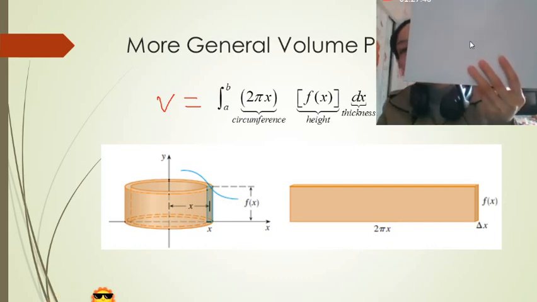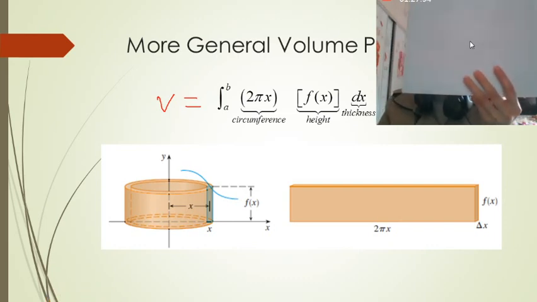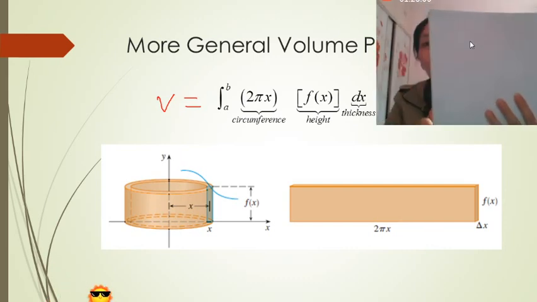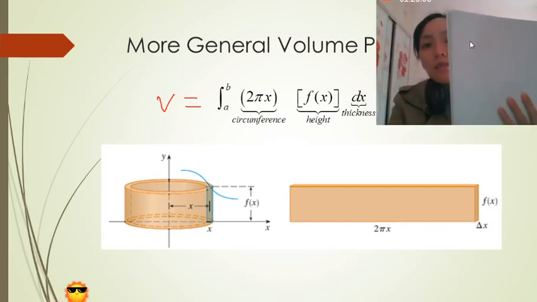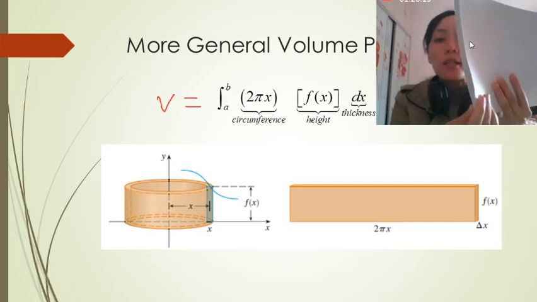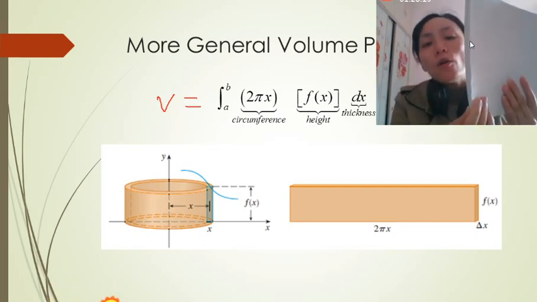If the radius of the circle is xi bar, then we can express the circumference as 2 pi xi bar. And then circumference 2 pi xi bar, height f(x), with a little thickness, you can get the volume of the rectangular box. That is the volume of the shell.